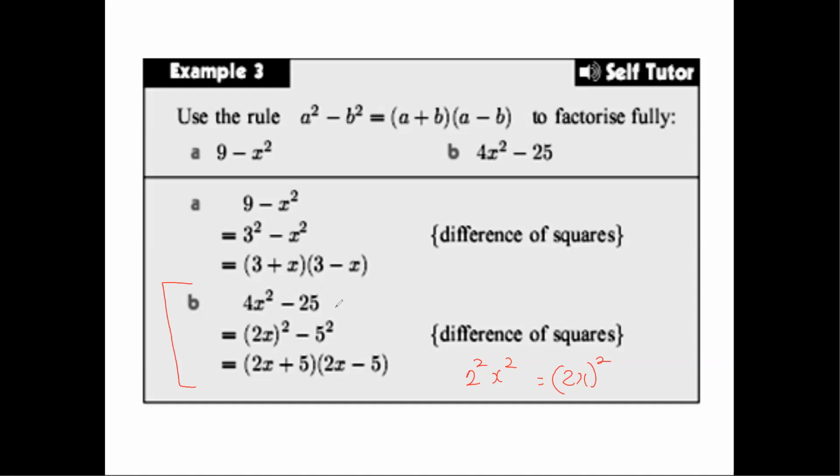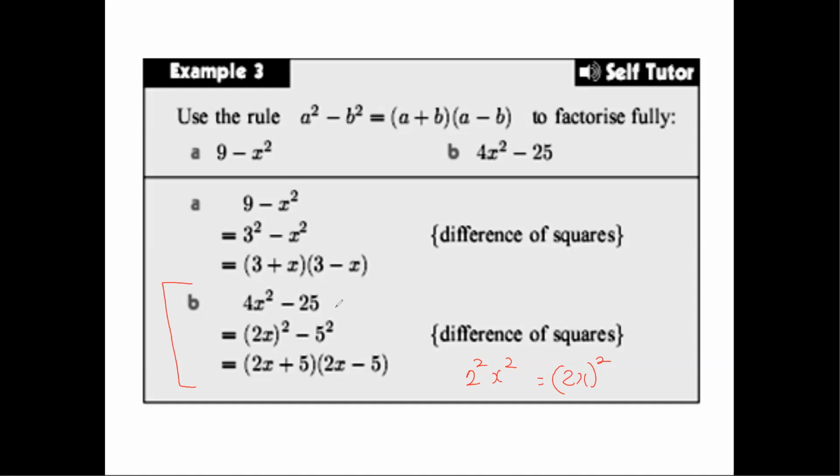I'm going back to A, right? 3 squared is actually 3 multiplied by 3. Are you multiplying it 2 times or 3 times?